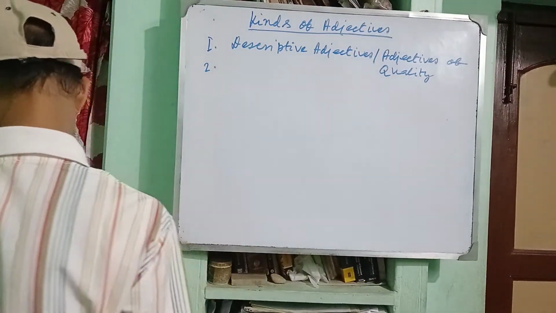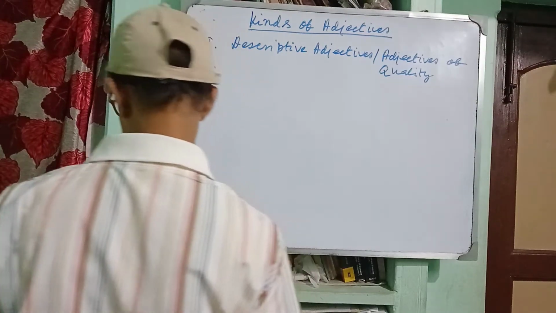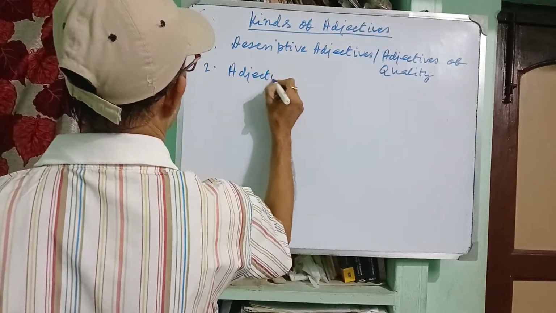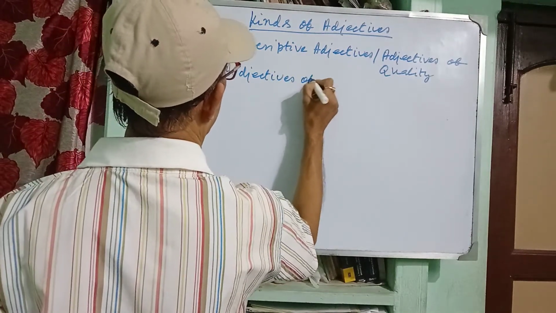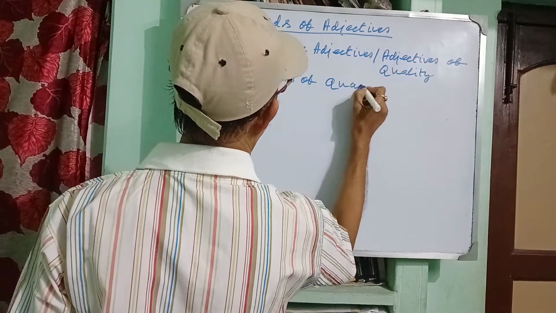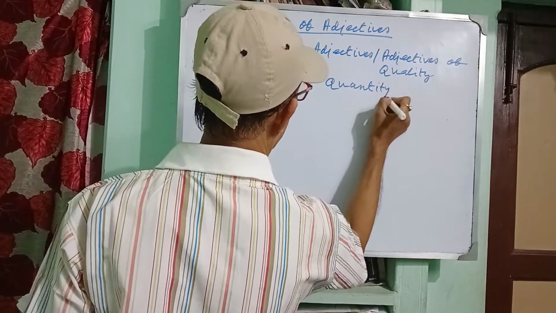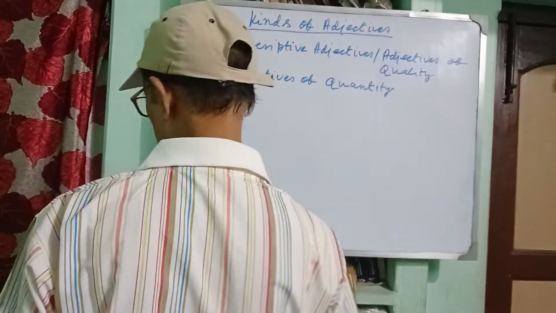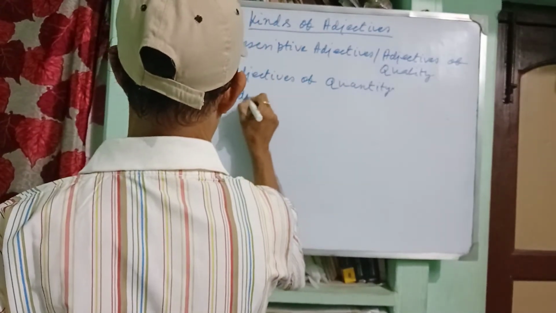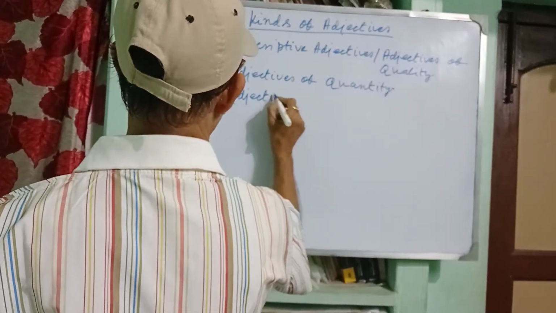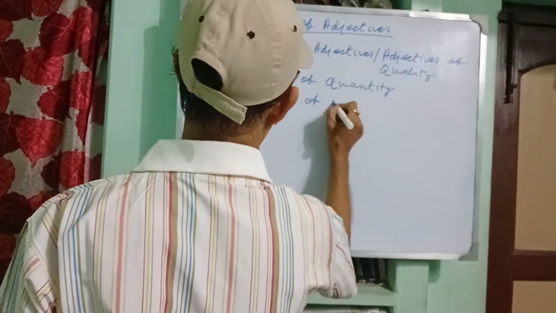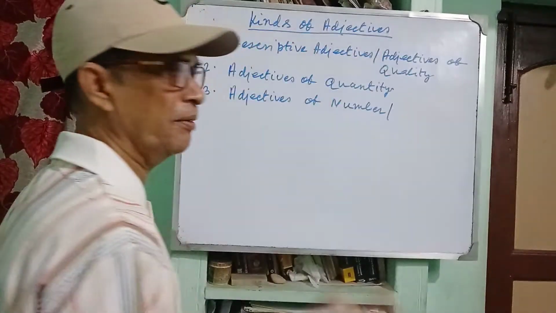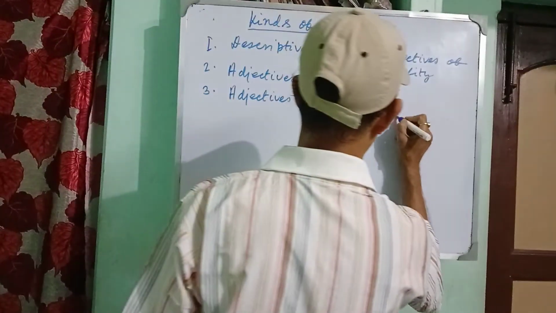Second is adjectives of quantity. Okay? Number 3, adjectives of number, or it has another name, numerical adjectives.